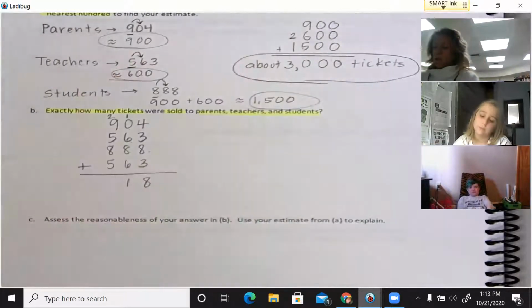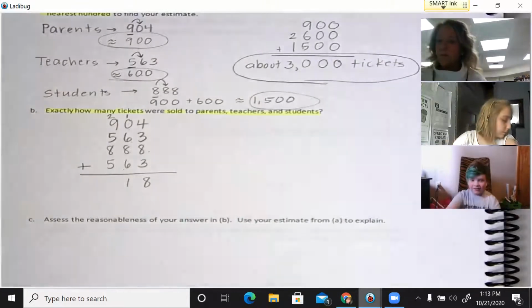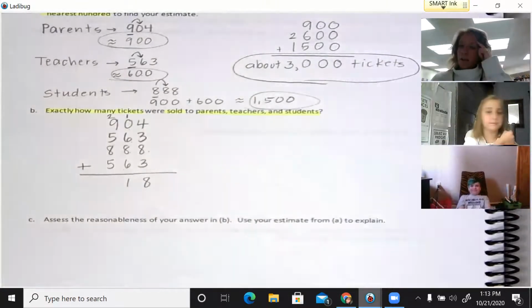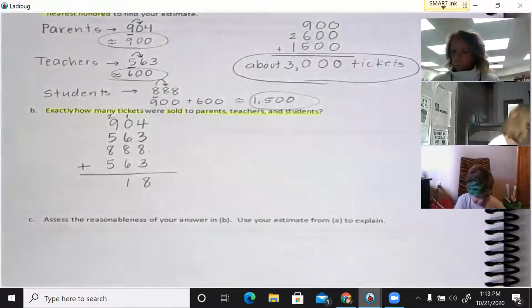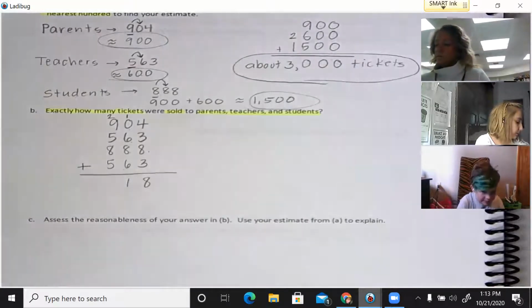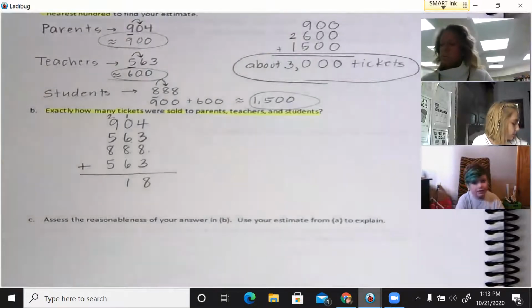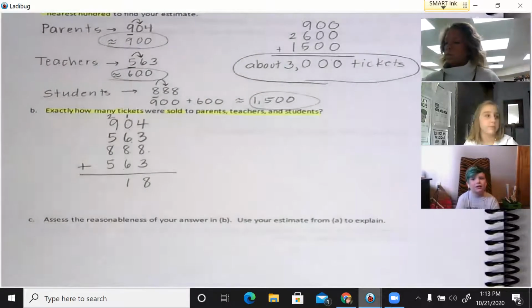Okay, Peyton, you're going to take over the hundreds. Read it nice and slow. I know sometimes you like to go super fast, but I need to check too. Okay, so 2 plus 9 is 11. And then 11 plus 5 is 16. So 16 plus 8 is 23.